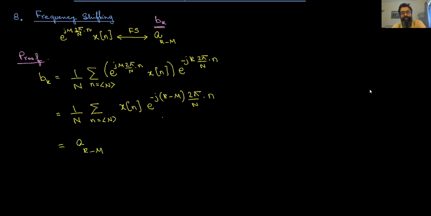The reason why it's called the frequency shifting property is because multiplication by this exponential results in a shifting of the spectral coefficients, which is a shifting in the Fourier domain, the frequency domain. So if you want to shift some frequencies in the Fourier domain, you multiply the time domain signal with this exponential. This is something we're going to talk about later in the Fourier transform as well.